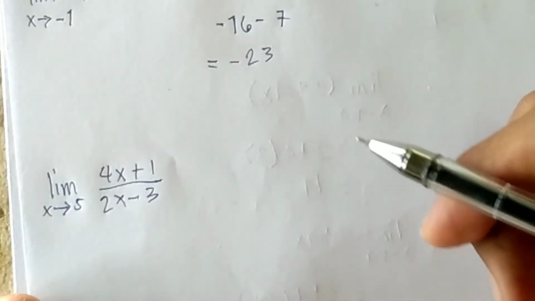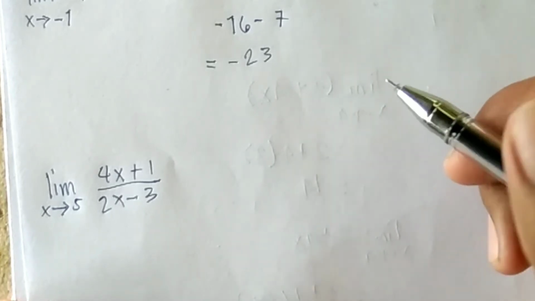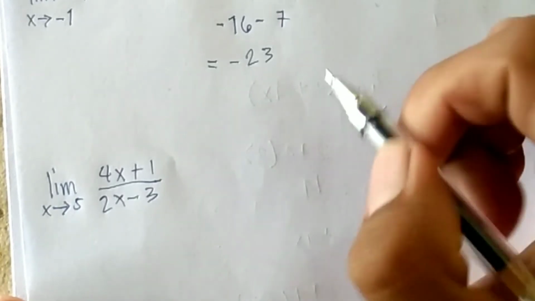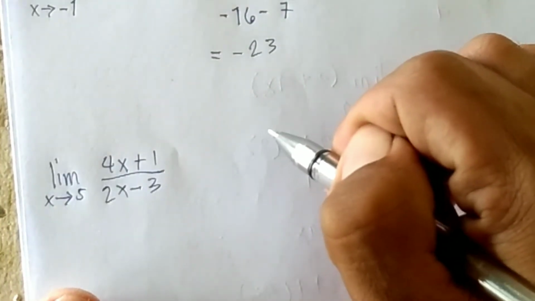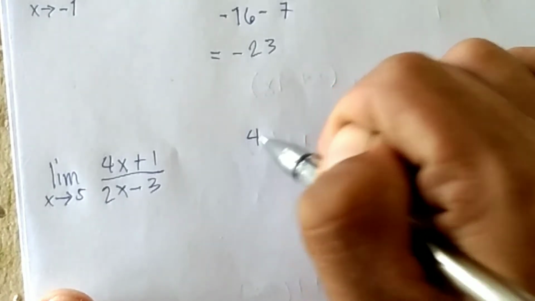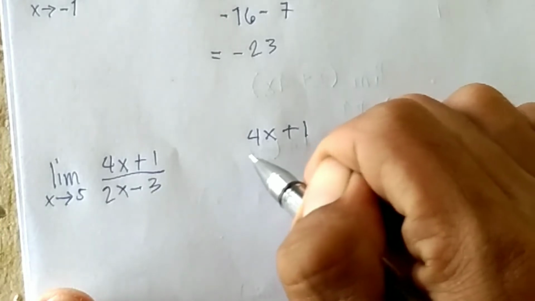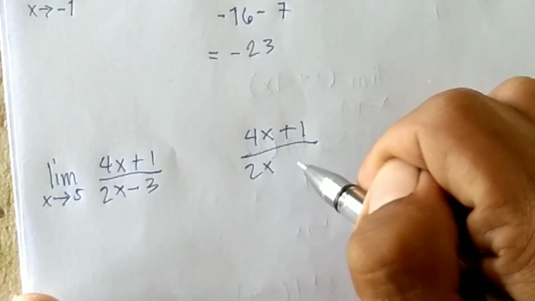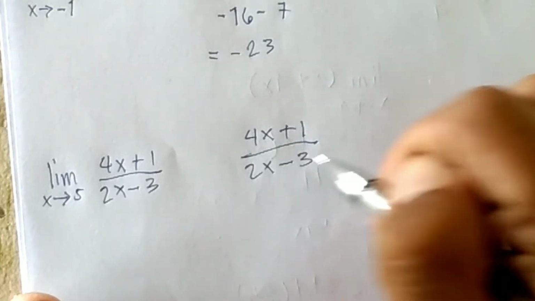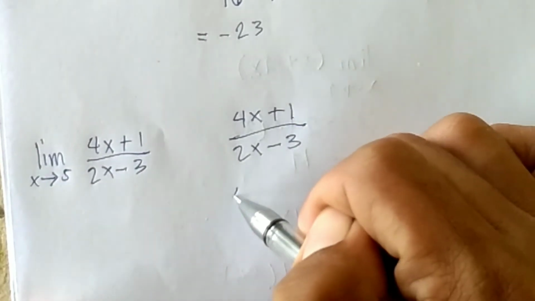Tulad din sa unang ginawa natin, isa-substitute lang natin yung value ng x, which is yung 5 sa ating x. So, copy muna 4x plus 1 over 2x minus 3.